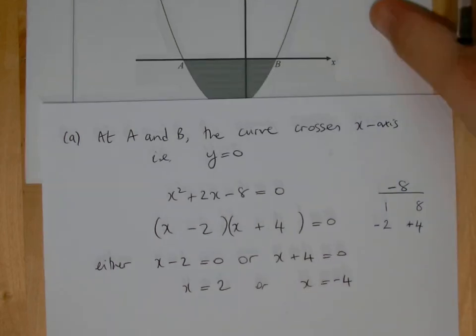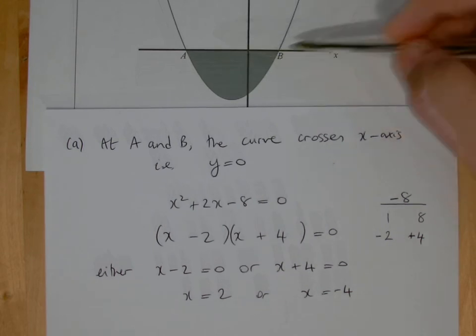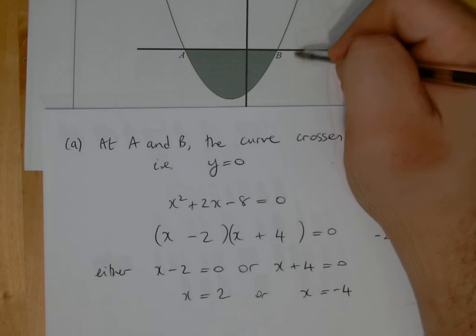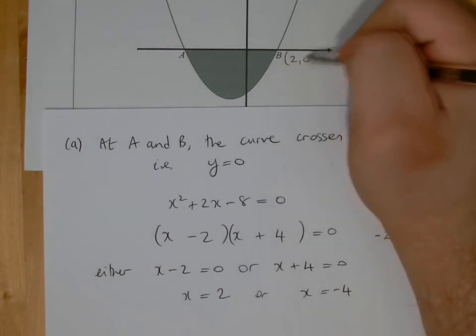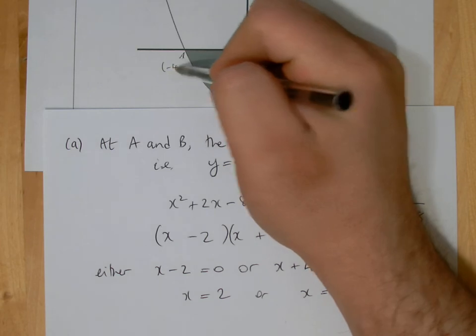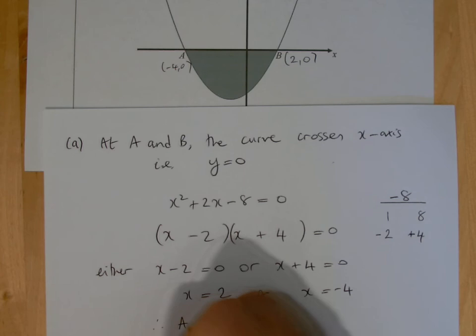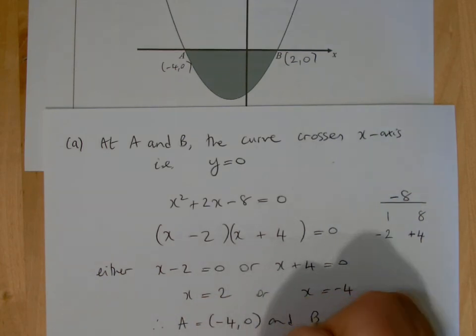If we look at the sketch, it's clear to identify what A and B are. This is clearly B, where we'll have 2, 0, and A will be minus 4, 0. It looks right as well, the sketch does. So we can say, therefore, A is equal to minus 4, 0, and B is equal to 2, 0.